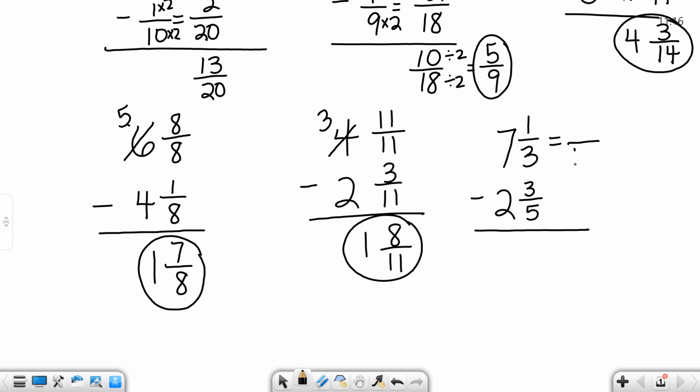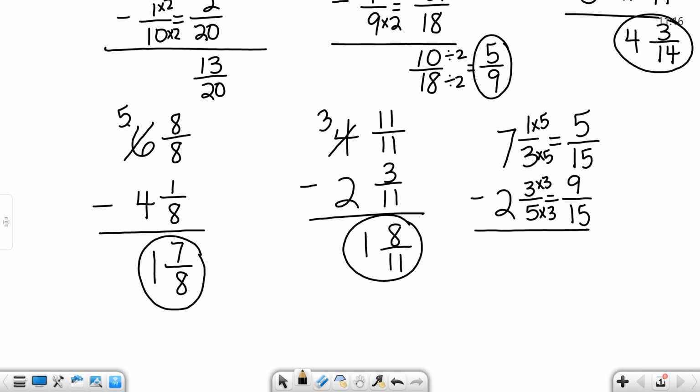All right, so I'm going to go ahead and rewrite my fractions over 15. On the top, I'll have to multiply by 5 to get 15 on the bottom, so I'll have to multiply the top by 5 as well, and I have 5/15. Down on the bottom, I'm going to have to multiply that by 3 to get 15, so I'm going to have to multiply my numerator by 3 as well, and that's 9.